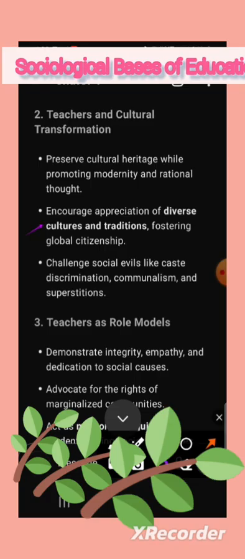Teachers as role models. Develop innovative teaching methods to encourage creativity and problem solving. Integrate moral and ethical education into the curriculum. Bridge the gap between traditional knowledge and modern advancements.